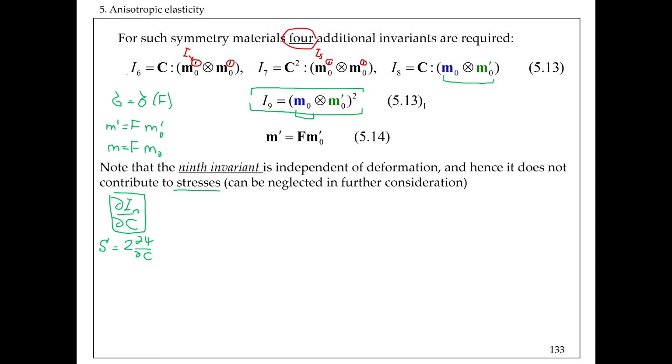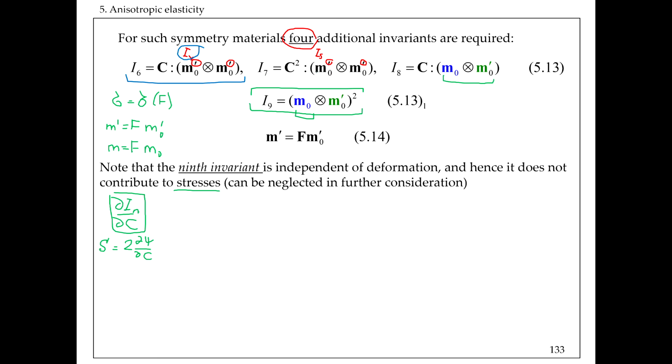Obviously, the derivatives that we need to take here, for example for the invariant I6 and the 7th invariant, we don't really need to work out at all, because they will be exactly the same as for the invariant I4, with the only substitution of these constant vectors M0. So we just put here the M0 tag of the second family of fibers, and that will be the result. And the same also for I5, because they have exactly the same structure.